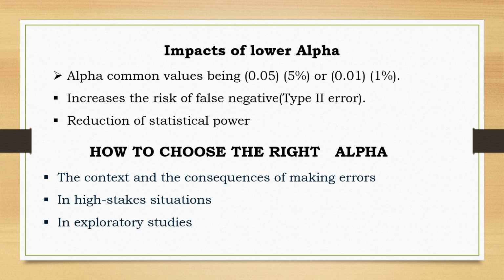In high stakes situations where a false positive is particularly damaging, a lower alpha level is preferred. In exploratory studies or situations where missing a true effect is the greater concern, a higher alpha might be more suitable for the experiment.